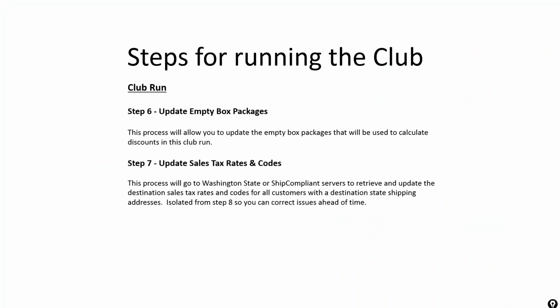The next step is to update your sales tax rates and the codes for the customers that live in destination tax states. We isolate this as a separate step so that you can correct any issues with this step before you get to creating the actual orders.